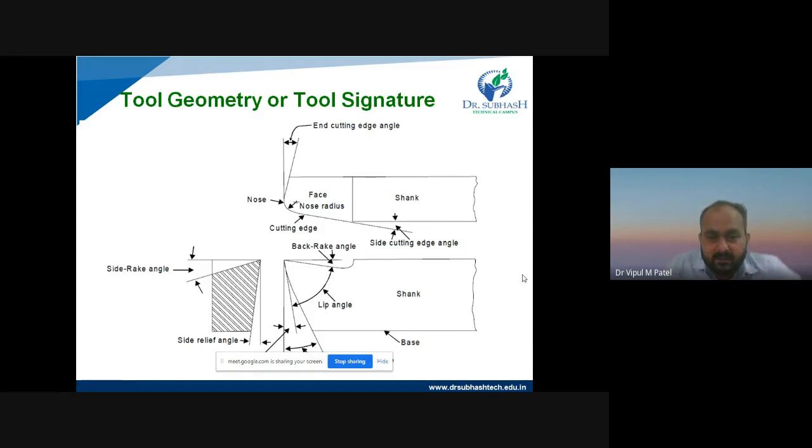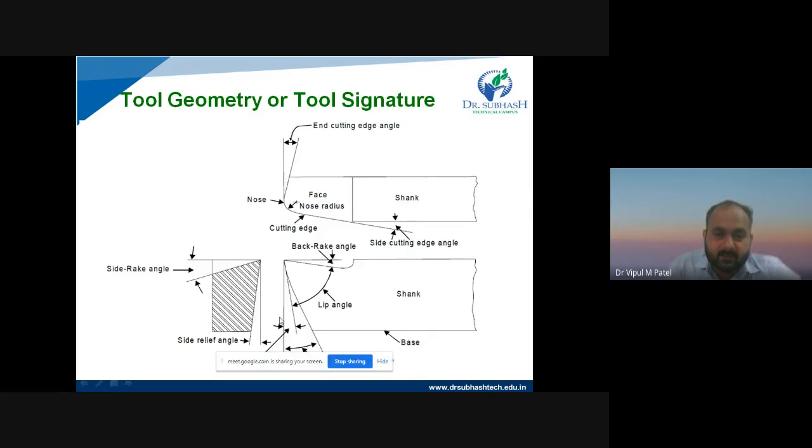Now you can see the back rake angle. Over here you can see the back rake angle. Understand? This is the shank of the tool. This is known as the lip angle. This is the base of the single point cutting tool.